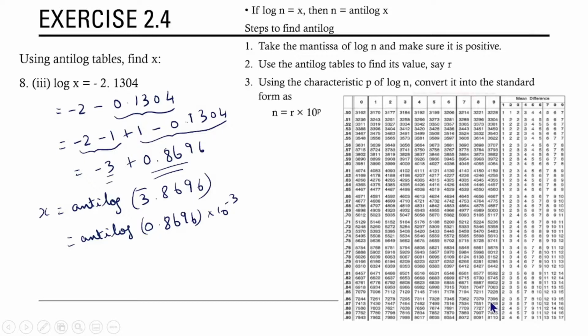The corresponding value is 7396, and we add the mean difference corresponding to the next digit, which is 6. So it is 7396 plus 10, which is 7.406 into 10 raised to minus 3. Here if we have 10 raised to minus 3, it means we should have 2 zeros after the point. So it is 0.007406. So this is x.